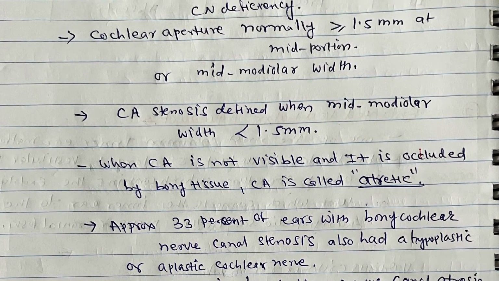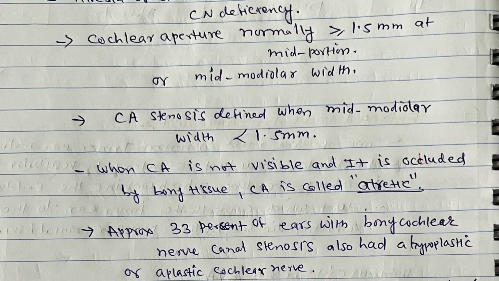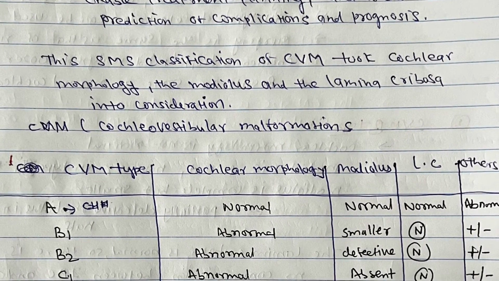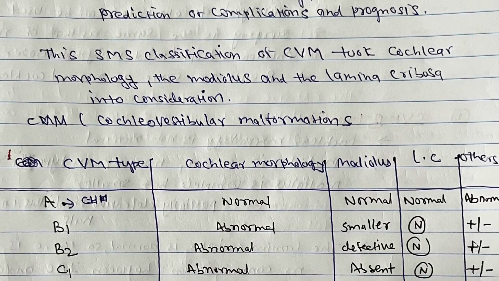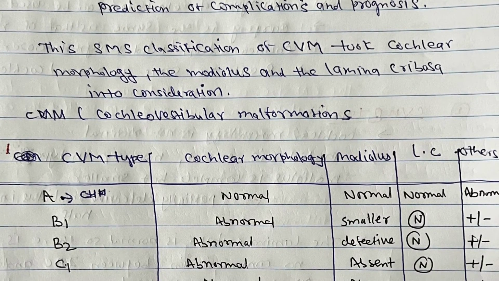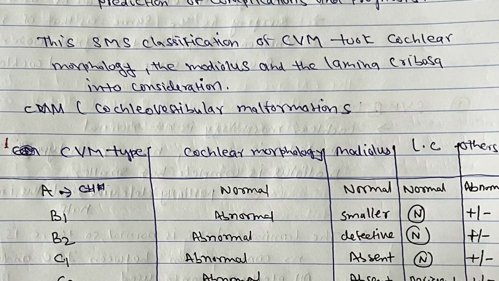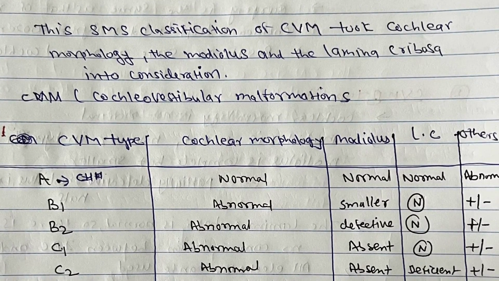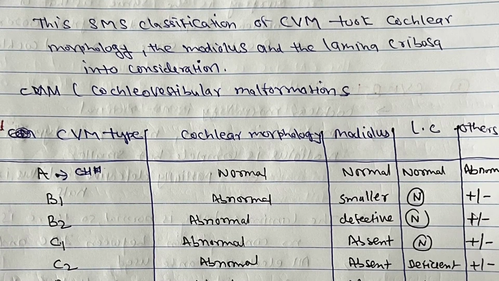Now come to the cochlear aperture anomaly. If the cochlear aperture, the bony cochlear nerve canal, is less than 1.5 mm in size, it is a cochlear aperture anomaly.